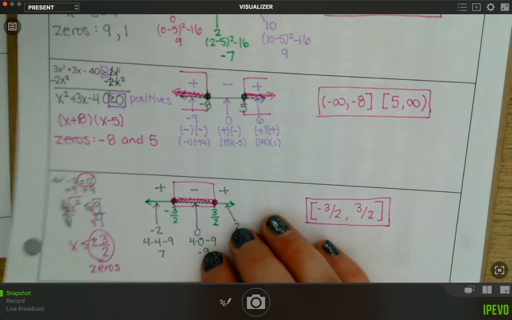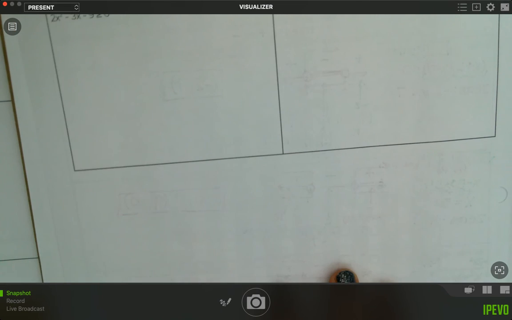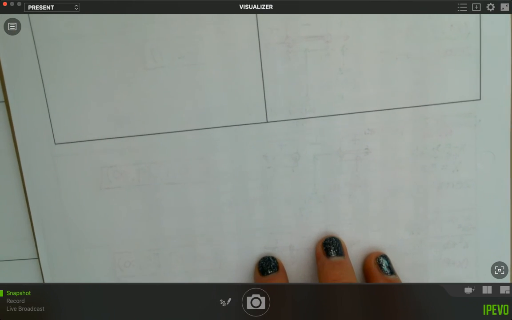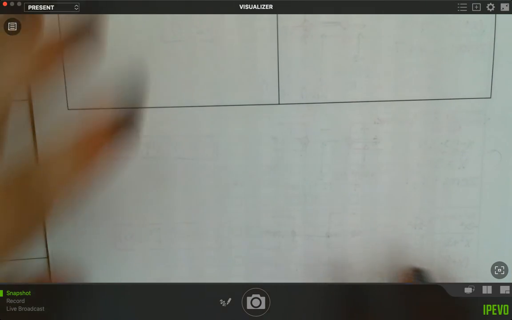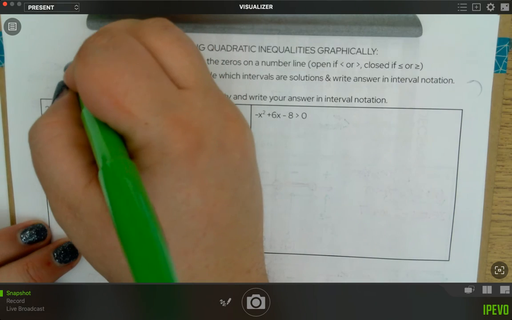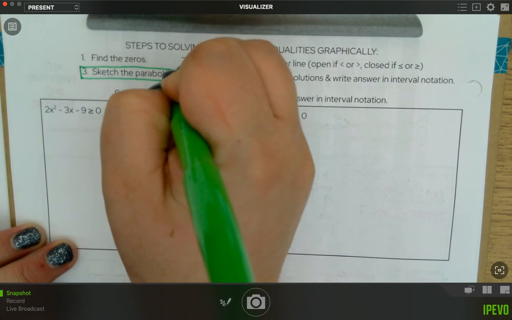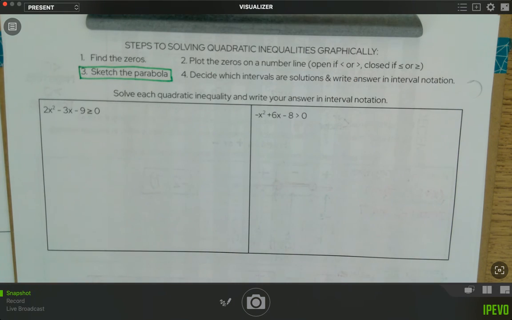Okay, now let's talk about a slightly different but very similar approach. And that is solving them graphically is what this one's called. In solving them graphically, I almost copied and pasted these steps exactly. The new step is that instead of choosing test intervals or test numbers, you're going to sketch the parabola.